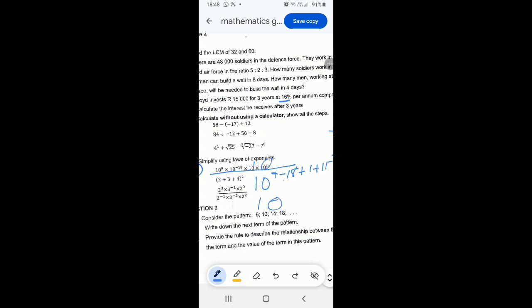So we have 10 to the power, when we simplify our exponent, 9 minus 18 plus 1 plus 11, 3. So this is like 10 times 10 times 10. What do you get? 1,000. 3 zeros. 1, 2, 3. 1 times 1 times 1 is still 1. Or you can just punch a calculator. 10 to the power 3, you get 1,000.